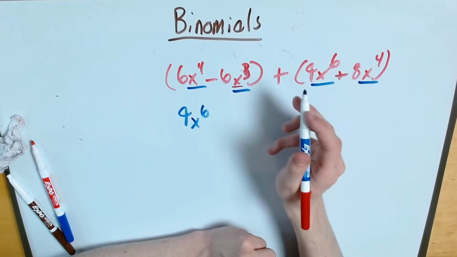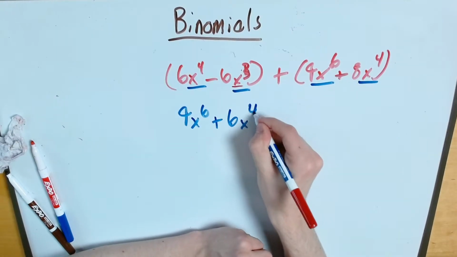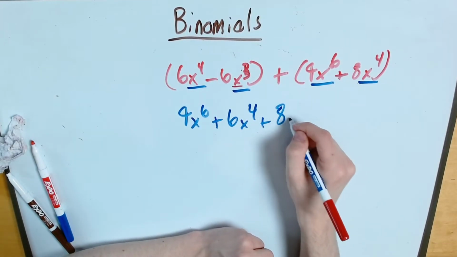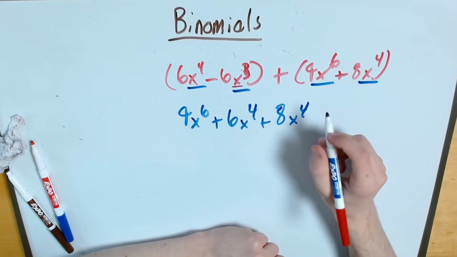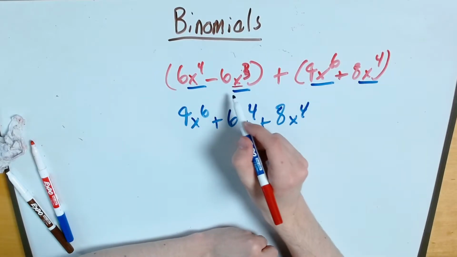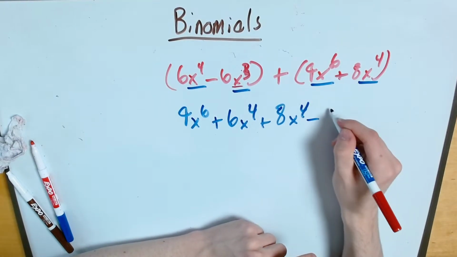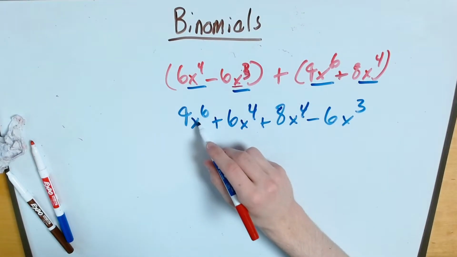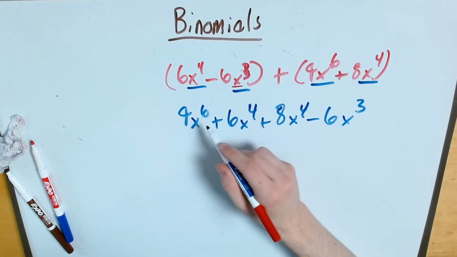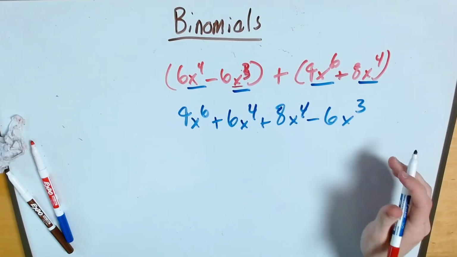So I'm actually going to keep these x to the 4s as they are, 6x to the 4 plus 8x to the 4, just so we can keep them there until we're ready to do our operations. And then I find the last term, which is negative 6x to the 3. So I'm just going to put that right there at the end. So we go from the exponent with the greatest value down to the exponent with the least value. And that's the way we order polynomials.